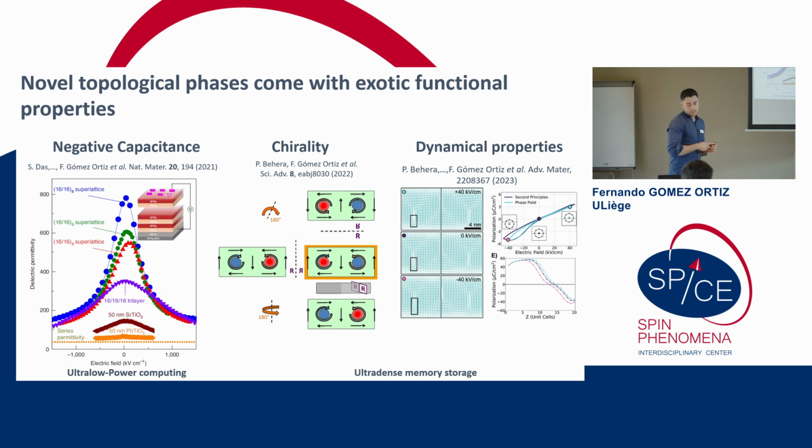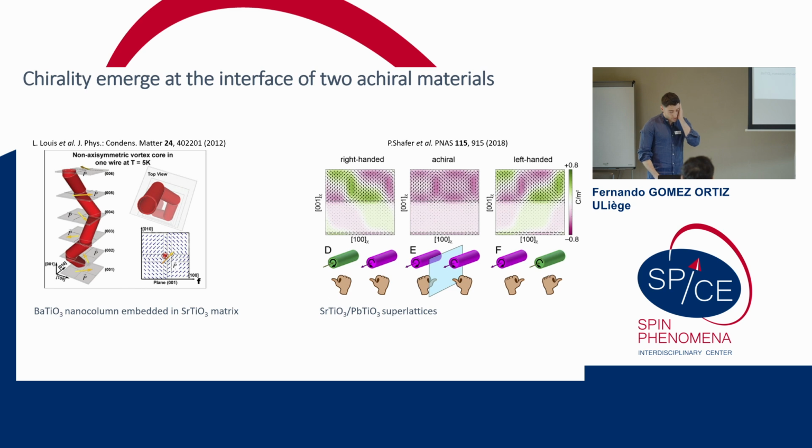The chirality, these phases are also chiral and can interact with light, and also their ultra-fast dynamical properties that could be used for ultra-dense memory storage. So the first one that I will discuss today is the chirality.